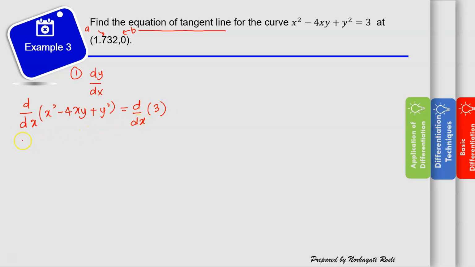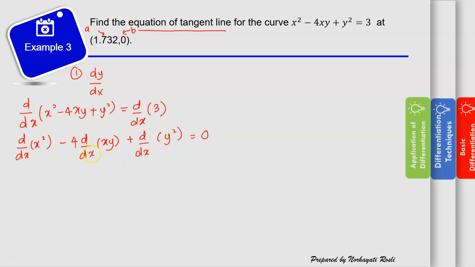When we expand this, we differentiate x squared, minus 4 times the derivative of xy, plus the derivative of y squared, and when we differentiate a constant, we get the answer equal to 0.